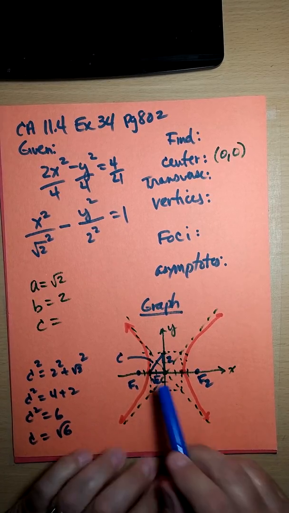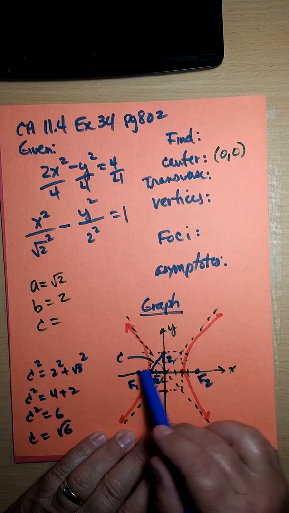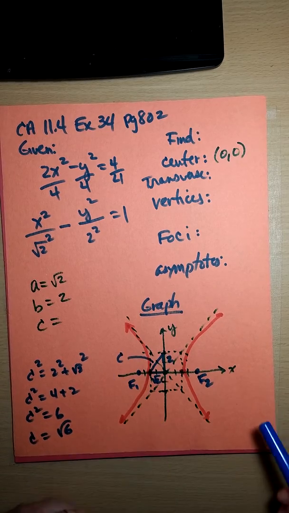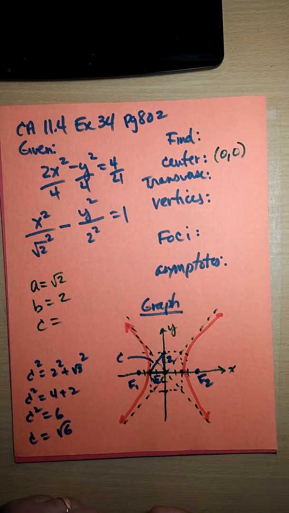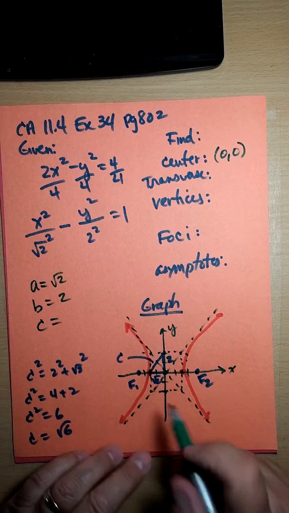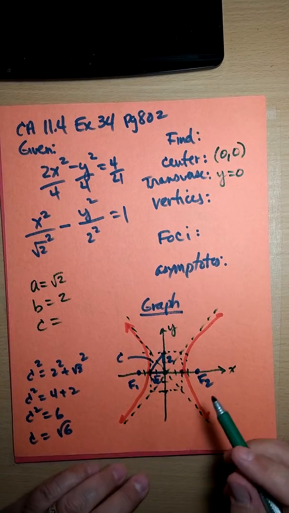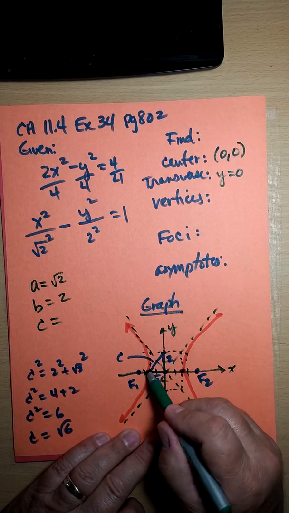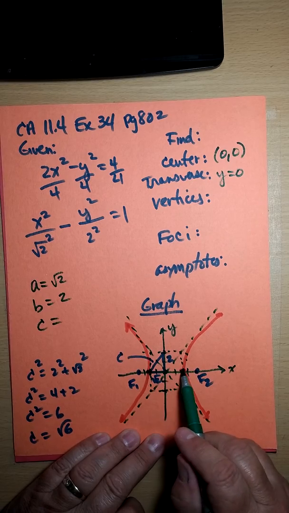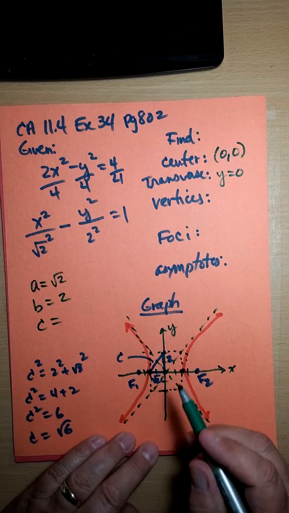So that's also the transverse axis, what includes the foci. So the equation of that line, the transverse axis, is y equals 0, the x-axis. The vertices are these points right here. Remember, that's the square root of 2 to the right and the square root of 2 to the left.